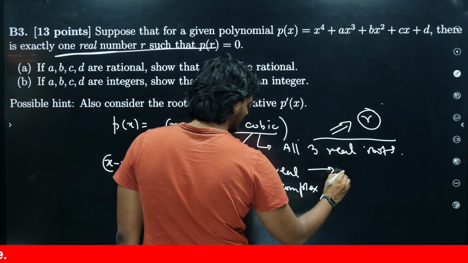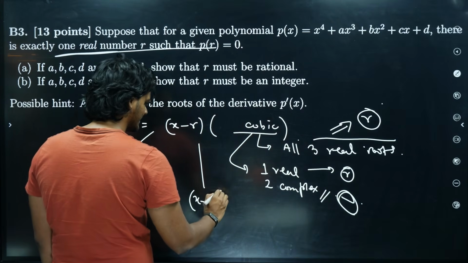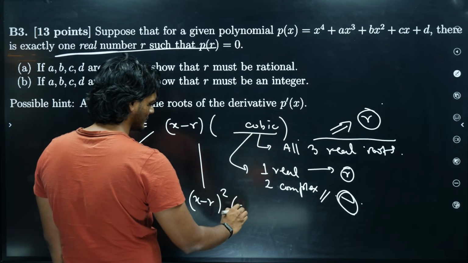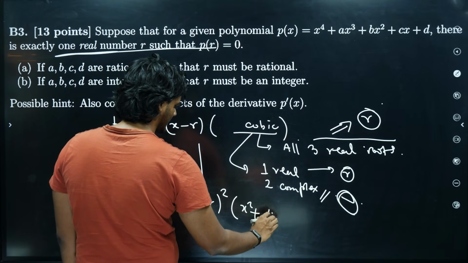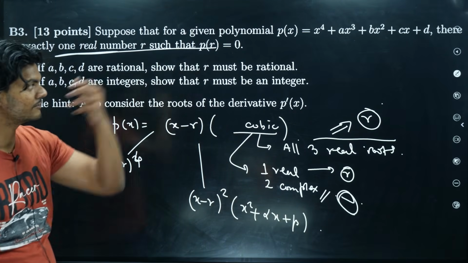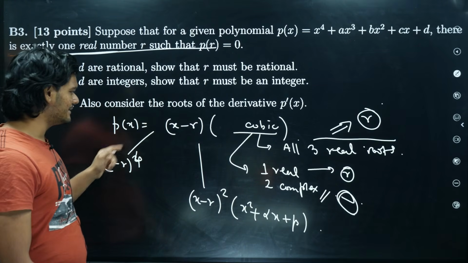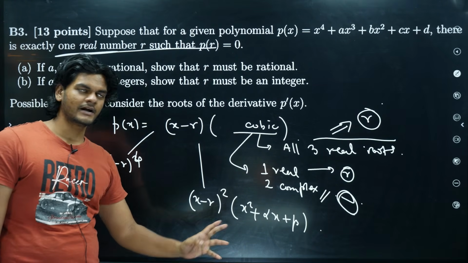This one real root again has to be r only. The other two complex roots can be anything else. So it is x minus r whole square into x square plus alpha x plus beta, something like this. Since A, B, C, D are used, I am using alpha, beta. So these are the only two cases which are possible.